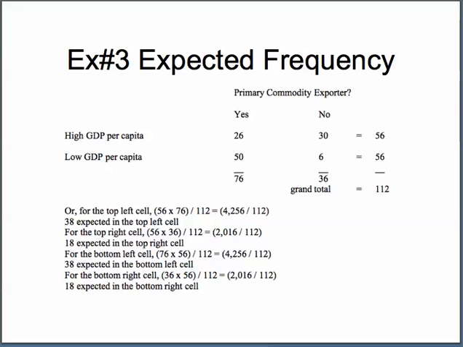For cell 3, 76 times 56 divided by 112 equals 4,256 divided by 112, 38 is expected in the bottom left cell. For cell 4, 36 times 56 divided by 112 is 2,016 divided by 112, 18 is expected in the bottom right cell.